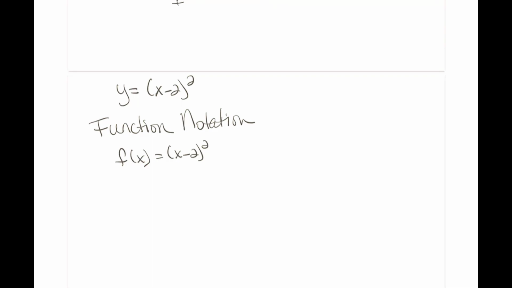And what we're ultimately saying is that this part is a function of x. And the way we read this, we say f of x equals (x minus 2) squared. So it's f of x is how you say that.